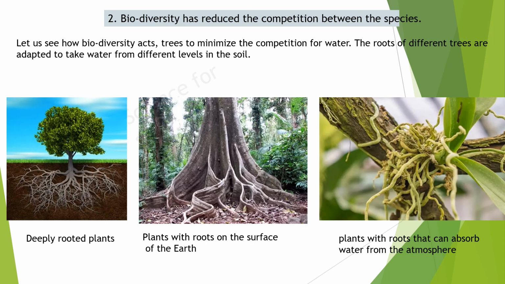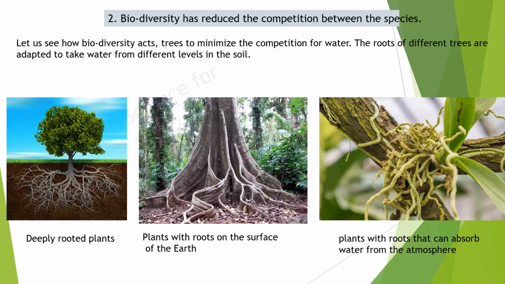The second important factor is that biodiversity has reduced the competition between species. How have they reduced it? If we take trees, they have minimized the competition for water because their roots have different adaptations to take water from different levels in the soil.